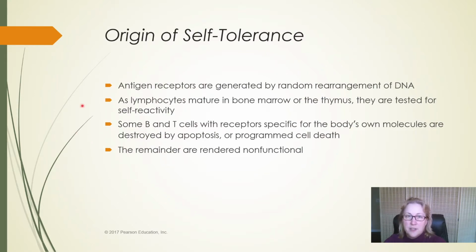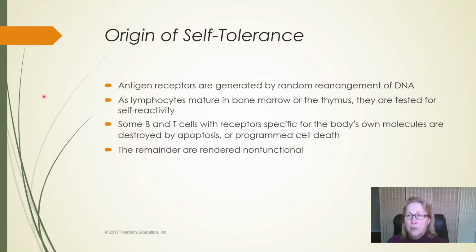So we need self-tolerance because the antigen receptors are just generated by rearranging the DNA, and just by chance, many of those, probably hundreds or thousands of them, are going to accidentally be reactive to our own cells.